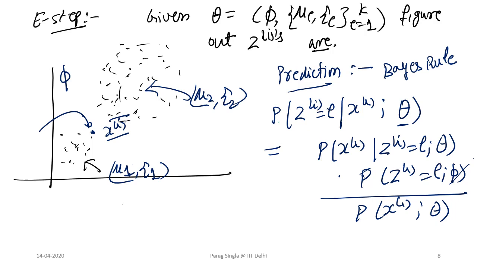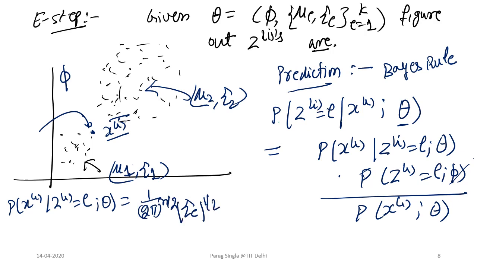And these distributions, just a reminder, P of xi given zi equal to L parameterized by theta is nothing but described by this normal distribution, which is 2 pi raised to the n by 2, sigma L, and determinant of that raised to the half, e to the power negative of xi minus mu L transpose sigma L inverse xi minus mu L divided by 2.